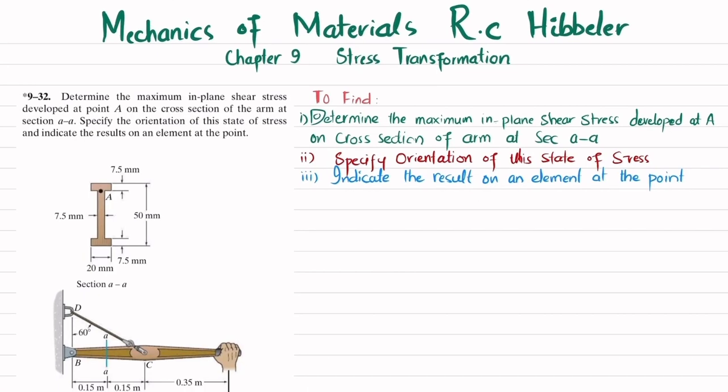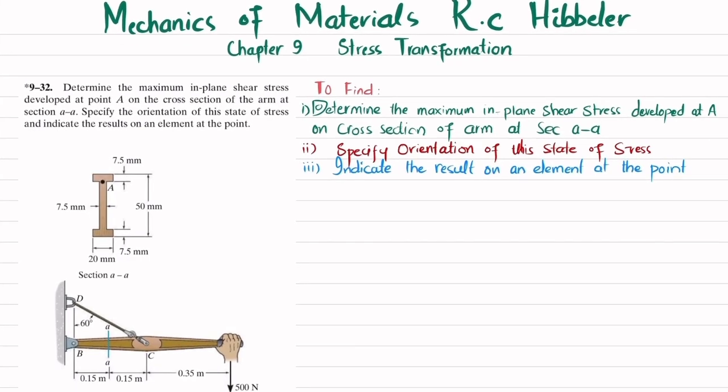So the first step is that we will determine the support reactions. If you remove the support at point B, you will have a reaction force in the horizontal direction, which will be like this. This will be Bx. Clear? And in the vertical direction, you will have a force acting downward, that is By.